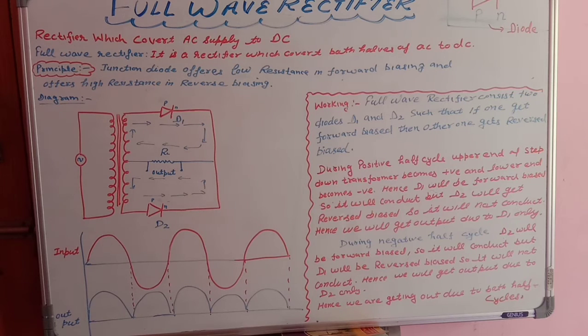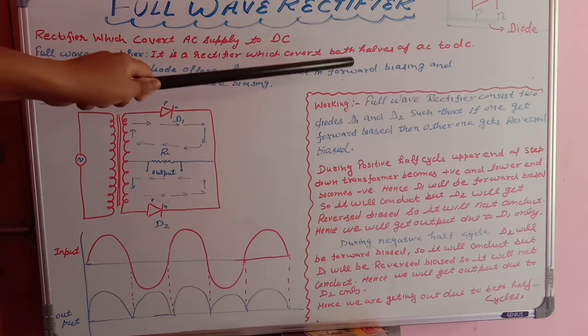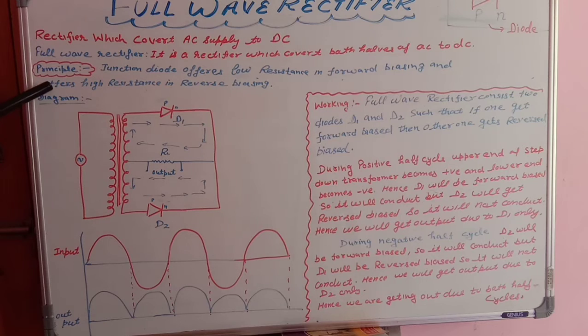It means it will conduct, current will flow through it. And in reverse biasing it is offering high resistance, so it will not conduct. So the principle is very simple: a junction diode offers low resistance when forward biased and high resistance when reverse biased.